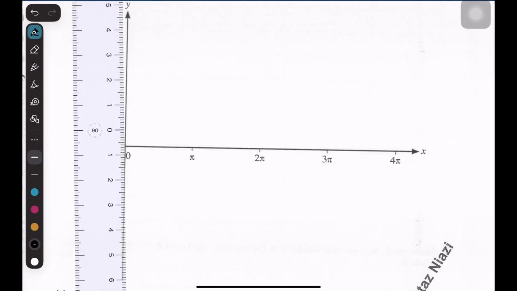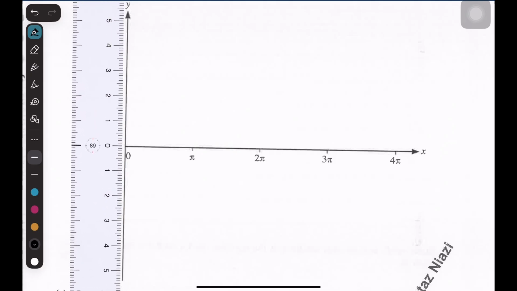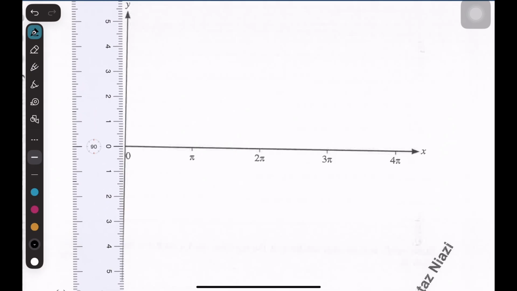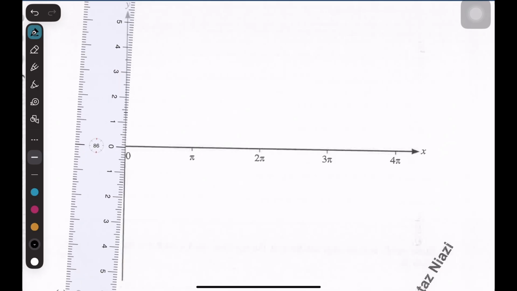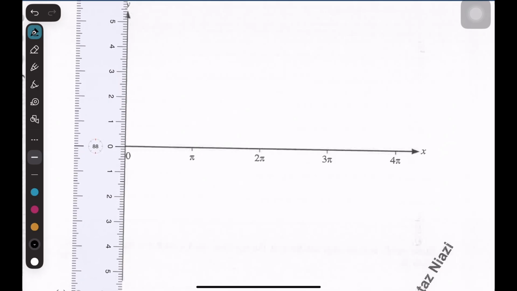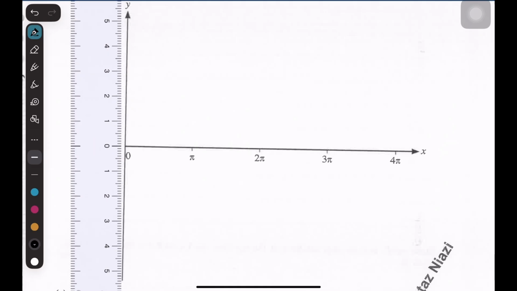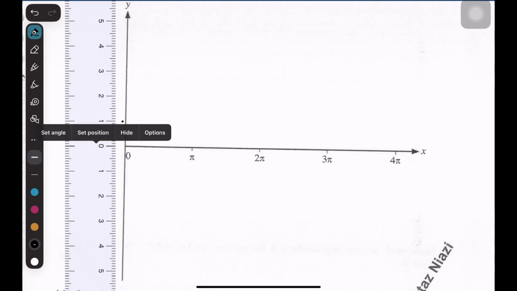So let's keep this 0 here. Again, it doesn't really matter that much. You don't have to be very accurate, but just for the sake of it.